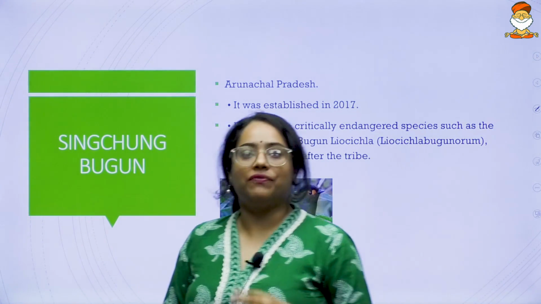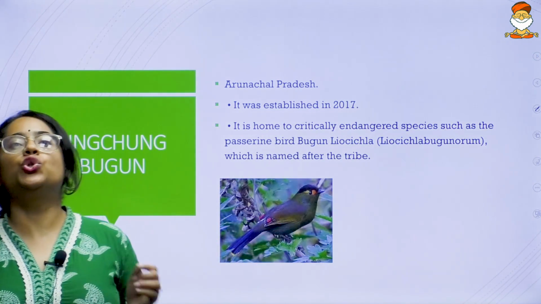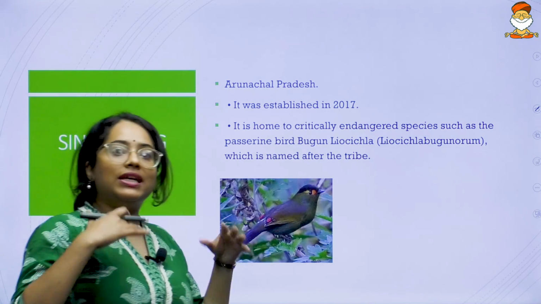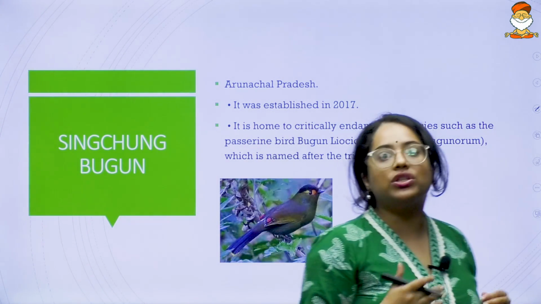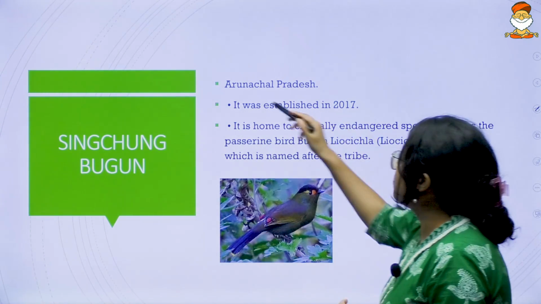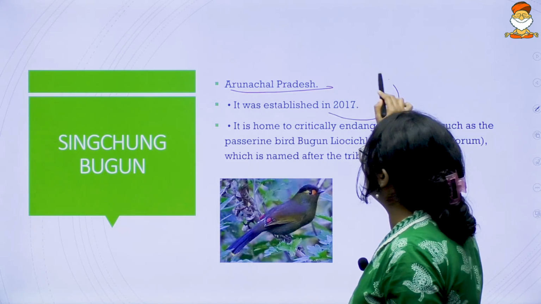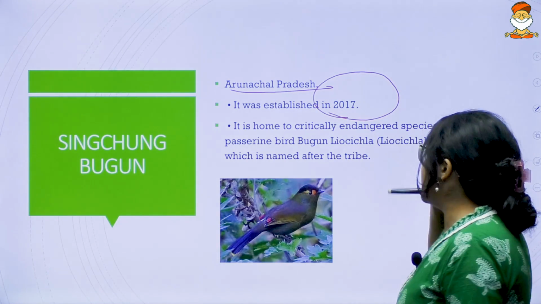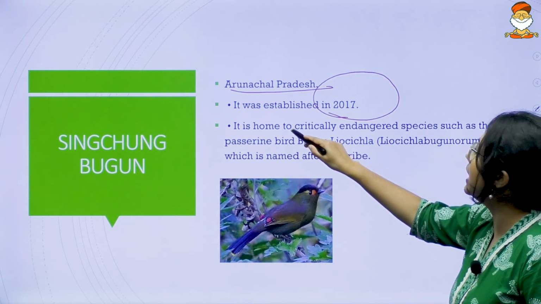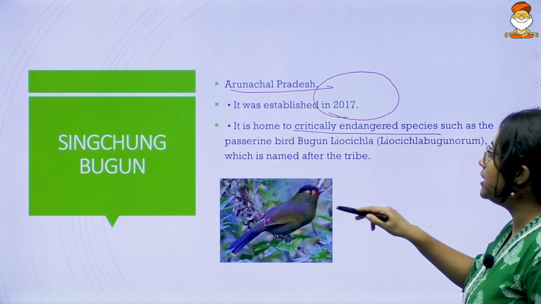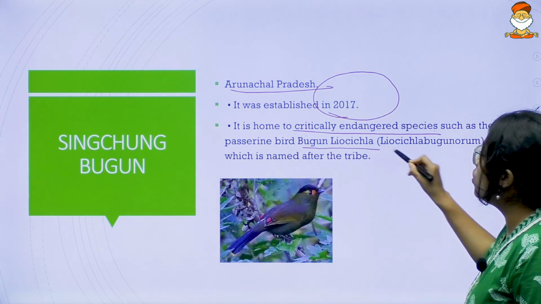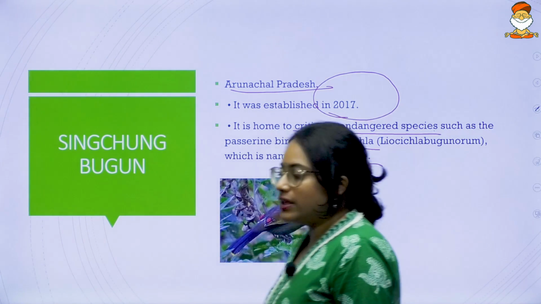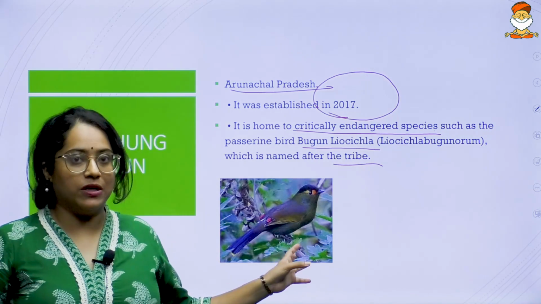The next species that we have to discuss is your Singchung Bugun. Singchung Bugun is an area in Arunachal Pradesh, and this protected area was established in 2017. It is the home of the critically endangered species, the Bugun liocichla, which is named after the tribe which is over there. So you can see this bird.